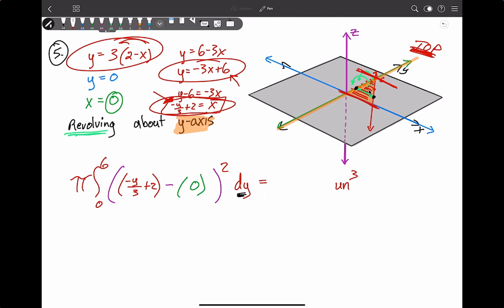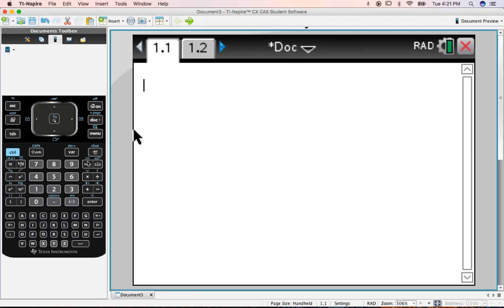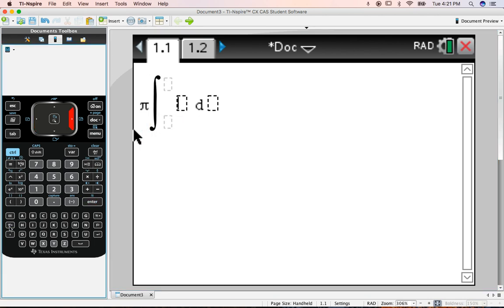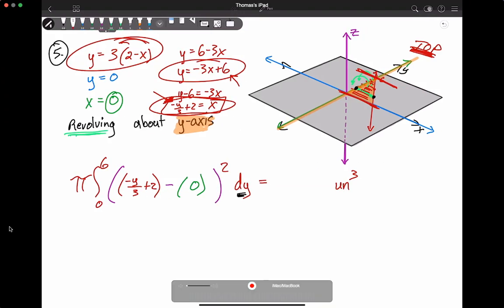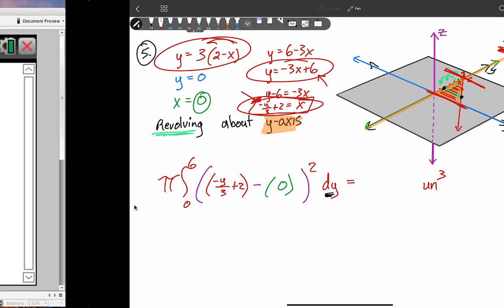Okay, so let's go ahead and go in the calculator. We're going to set this integral up. Let's put a pi out in front. And it is going to be from 0 to 6. And it's pi r squared. So we need, this huge thing will be r. It is dy. And now I just need a top minus the bottom. Okay. And the top on this one was that right here, negative y over 3 plus 2.